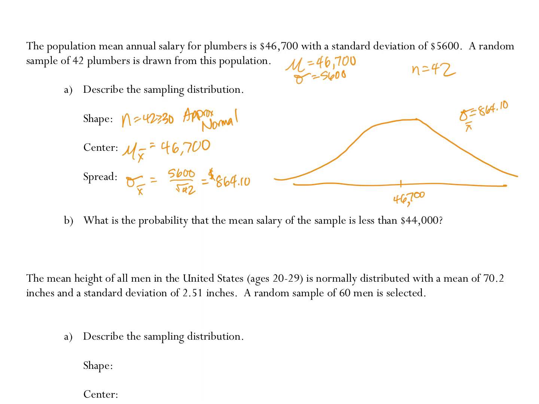Now, let's say I take my sample. What's the probability that the mean salary is less than $44,000? And $44,000 is to the left of the mean. So the probability it's less than means I'm going to shade less than. And this is just a normal CDF question.